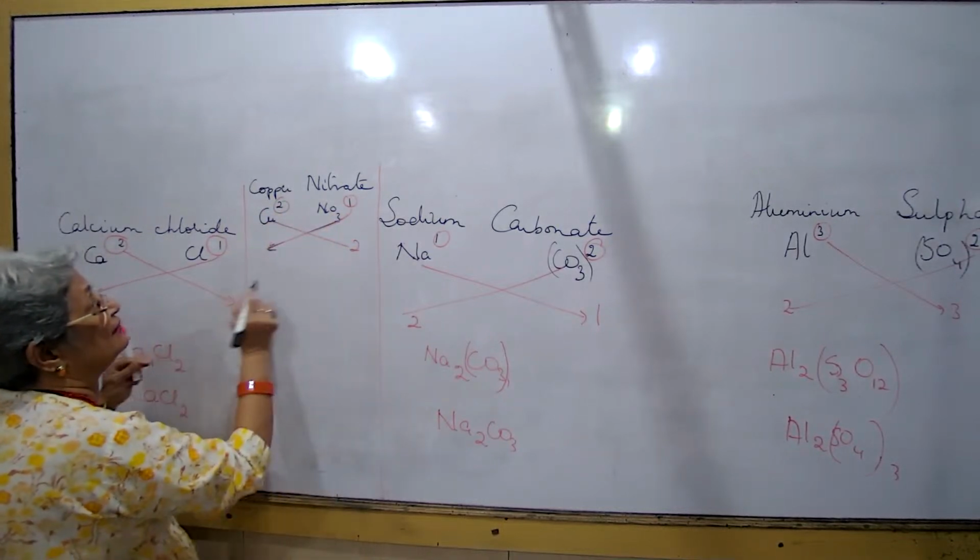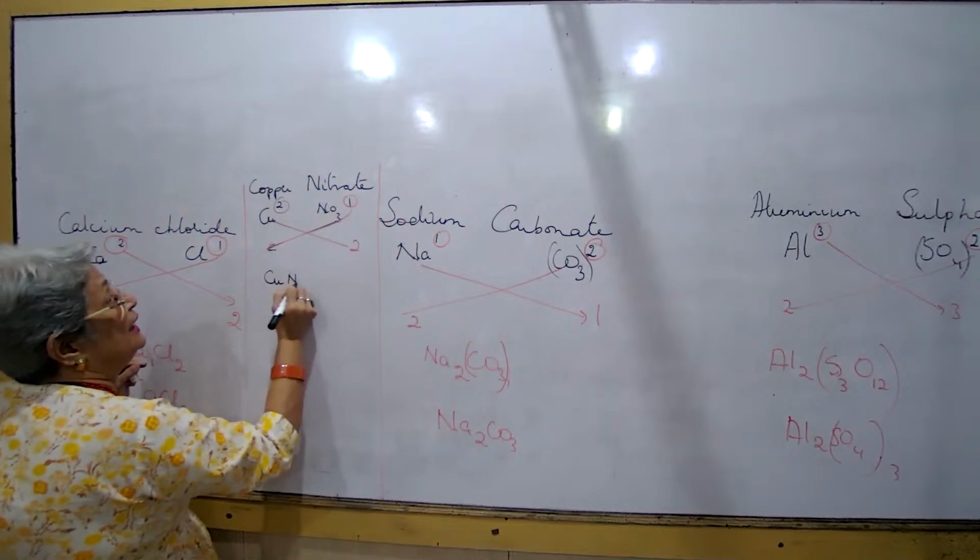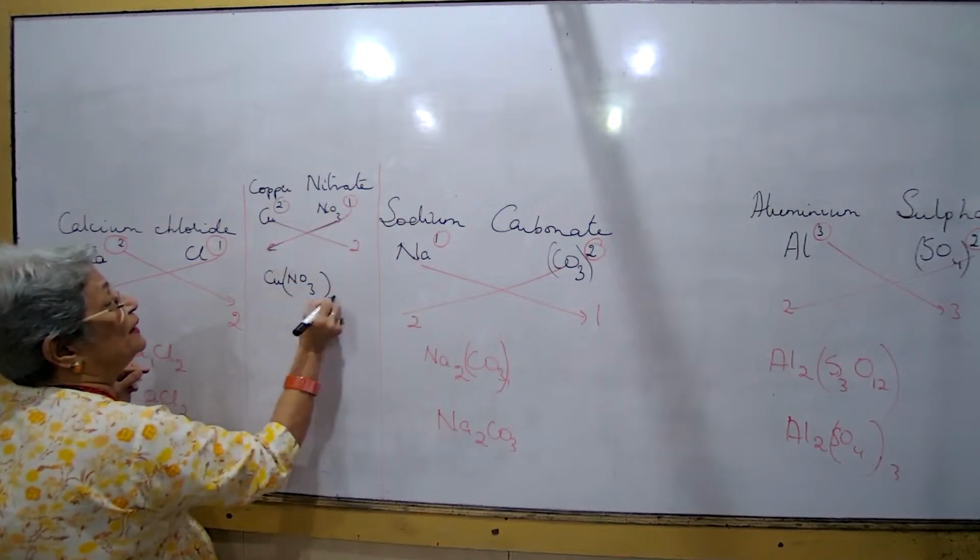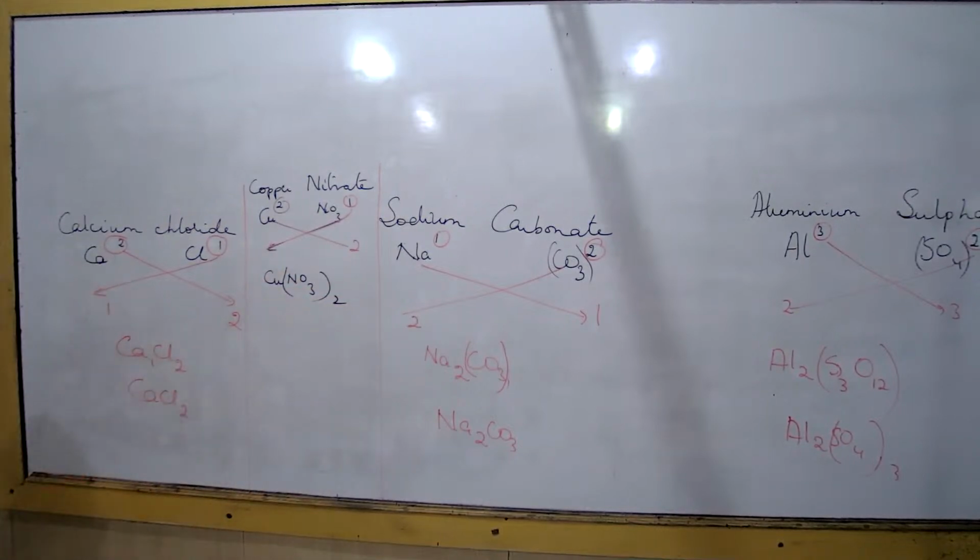So you'll have Cu(NO3) whole bracket twice. This is copper nitrate, cupric nitrate. And if it's cuprous nitrate, it is CuNO3.